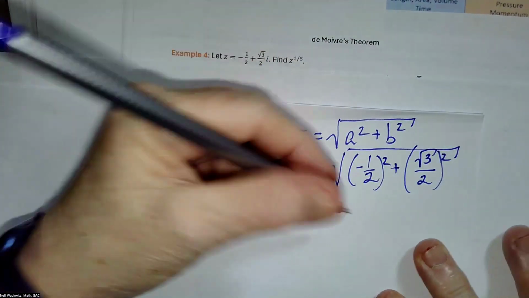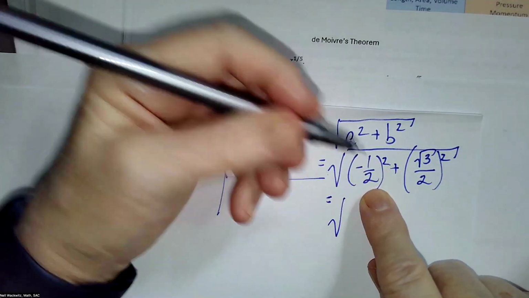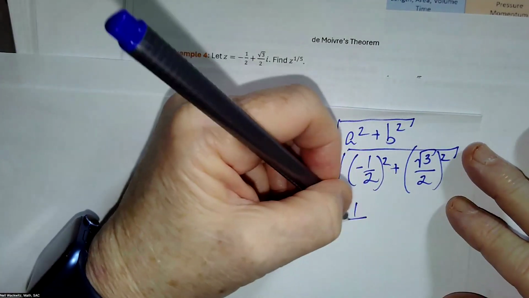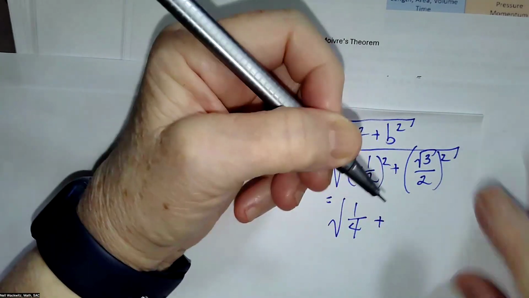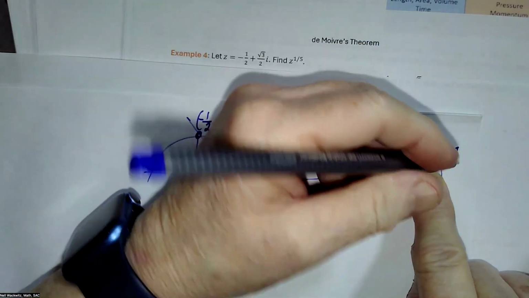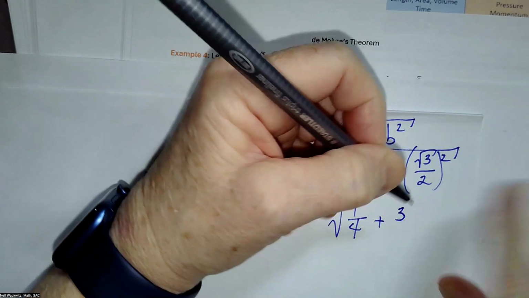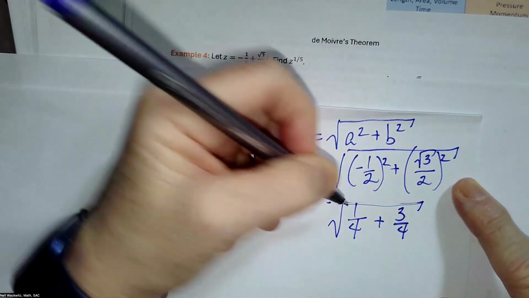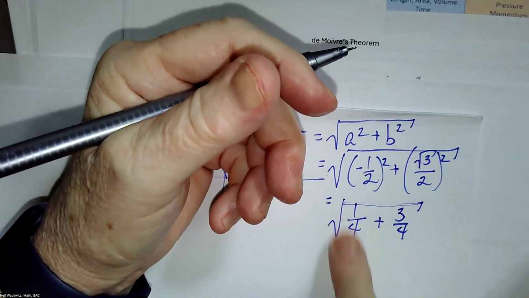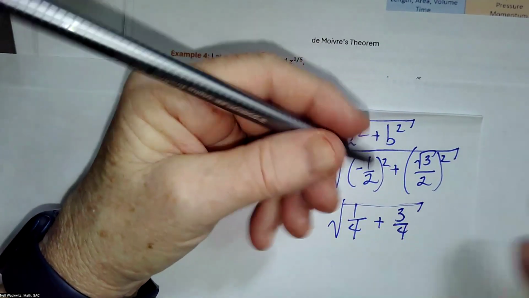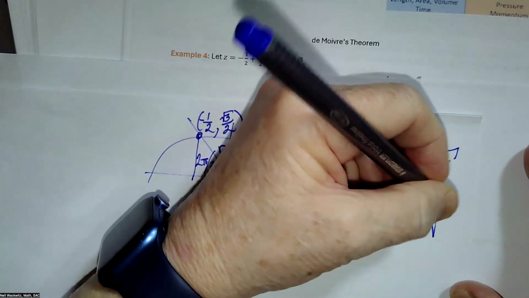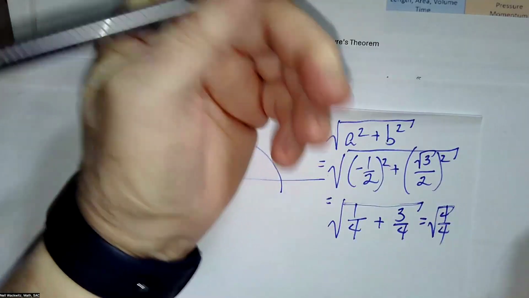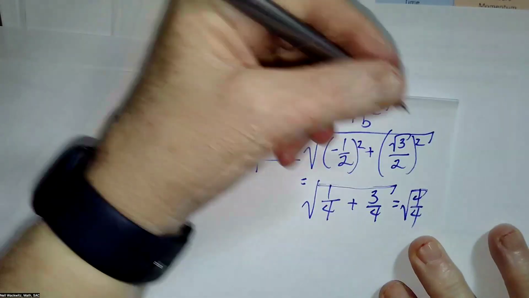Negative times negative is positive. 1/2 times 1/2 is 1/4. Square root of 3 squared is 3. 2 squared is 4. And 1/4 plus 3/4 is 4/4, which is 1. The square root of 1 is 1.